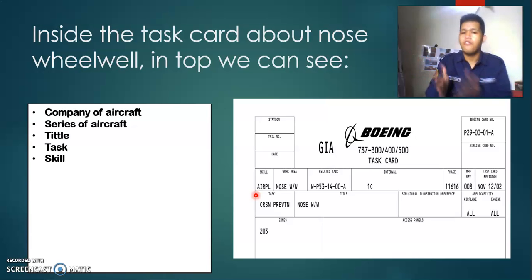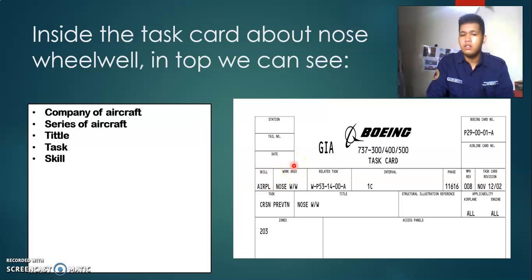How about an avionics person doing that? That is not valid, and not everyone can do this. So the person who does this is an airframe power plant professional.